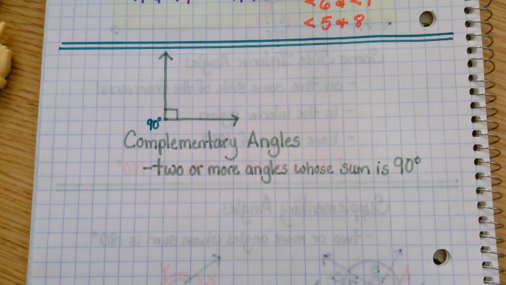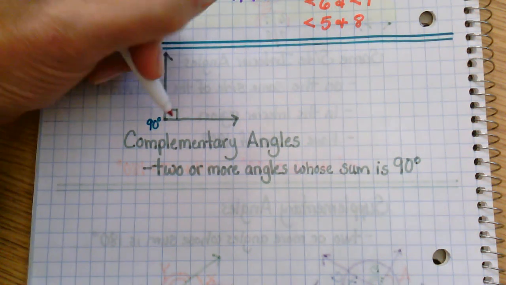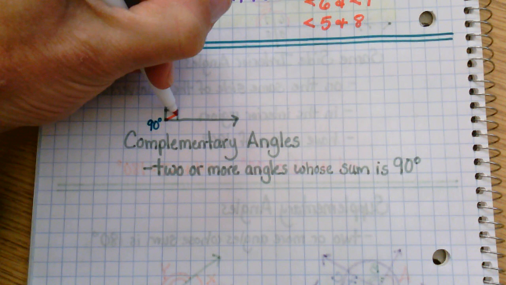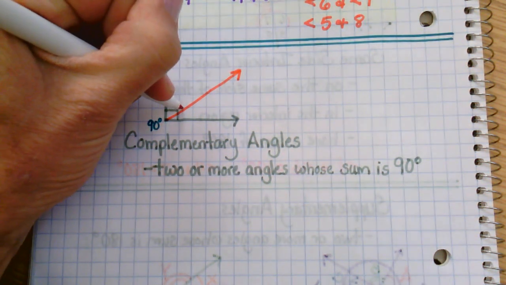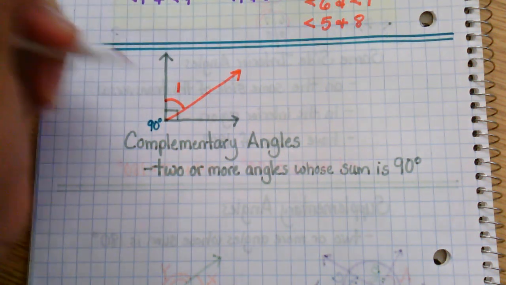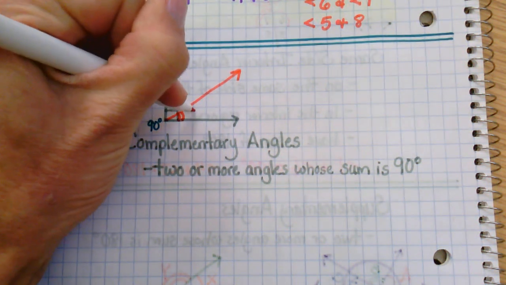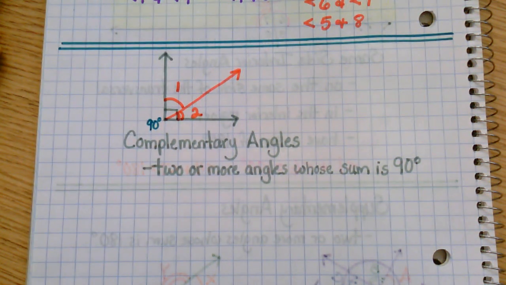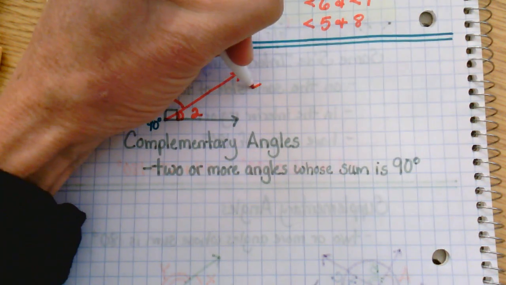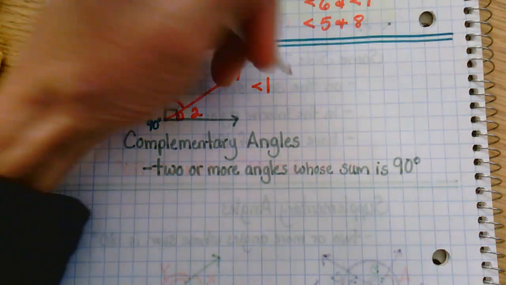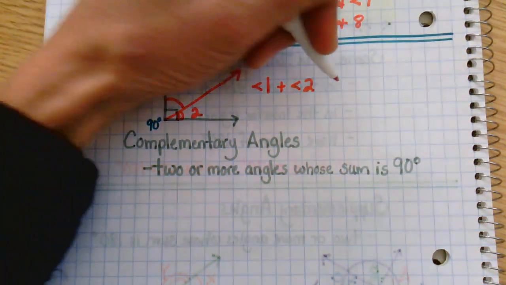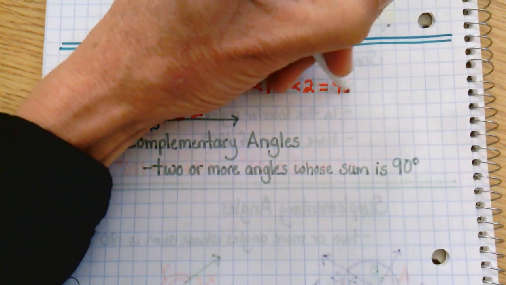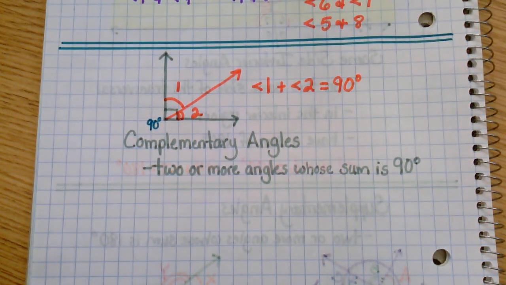If we draw a ray that separates this 90-degree angle into 2 different angles, let's call it angle 1 and angle 2. Angle 1's measure plus the measure of angle 2 will be equal to 90 degrees.